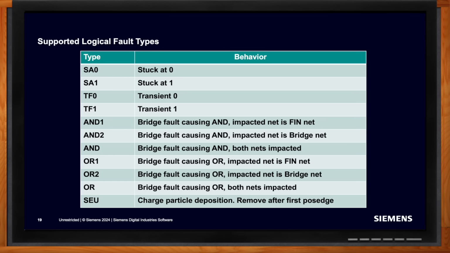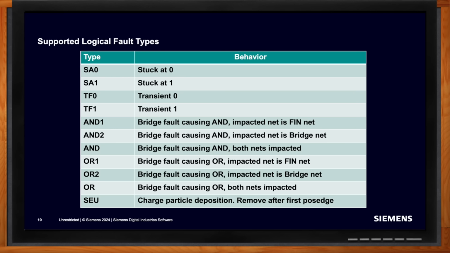So the stuck-at, the transient faults. We support bridge faults where you're taking two nets, let's say, that are physically close to each other, and a fault in one net could inductively or capacitively induce a fault on a net that's right next to it or something like that. And then we also support the charged particle deposition, the SEU fault type.